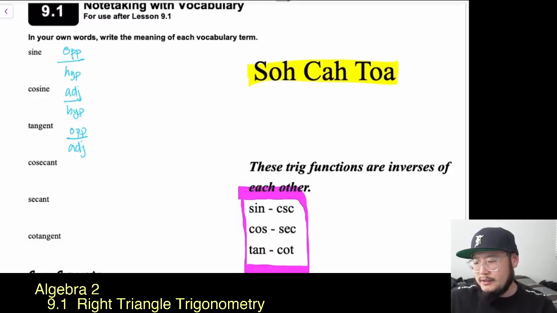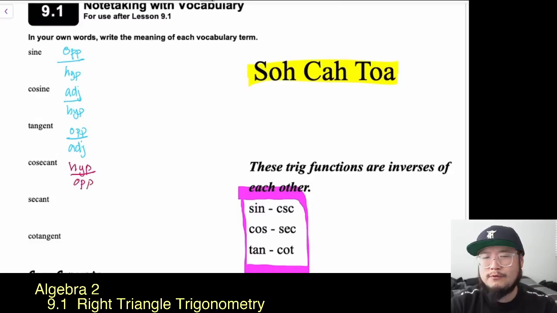Sine and cosecant are inverses of one another. What does that mean as far as their ratio? If they're inverses and the sine ratio is opposite over hypotenuse, then the cosecant ratio will be hypotenuse over opposite. We flip the ratio, and that makes it the inverse.